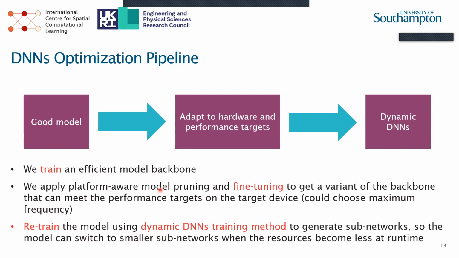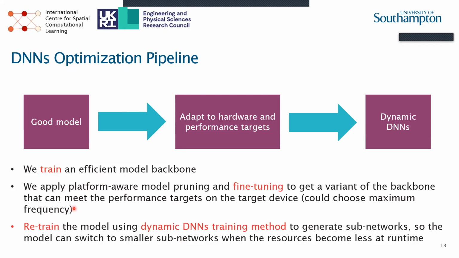And if we use neural architecture search to get the original backbone network, the neural architecture search is already pretty expensive. And if we need to retrain the model, it's just a lot of headache.